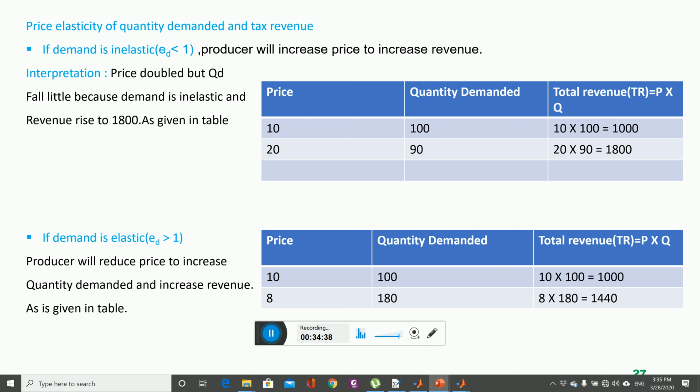So if the oil price increases 100%, from 10 to 20, the customers decrease only by 10%. So 10 customers decrease. First it was 100 demand at 10 price and now 90. It means we need it. We do not have any other way. So the revenue increased from 1000 to 1800 when the demand is inelastic.